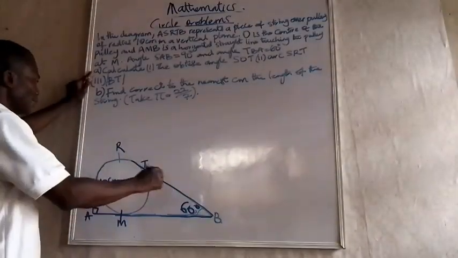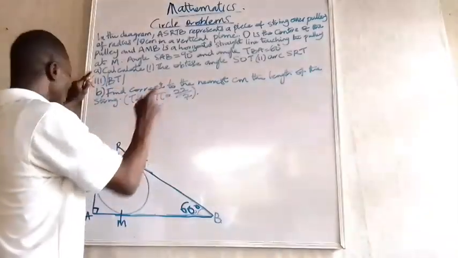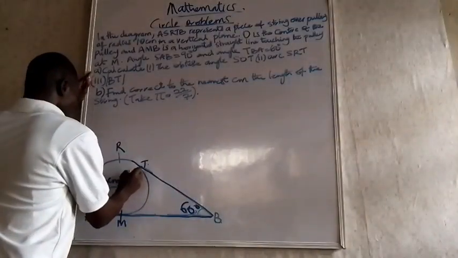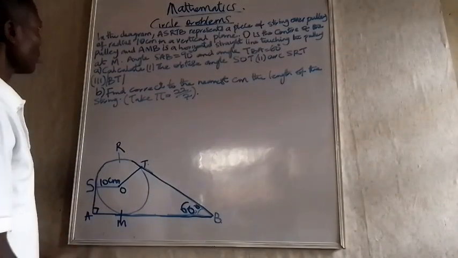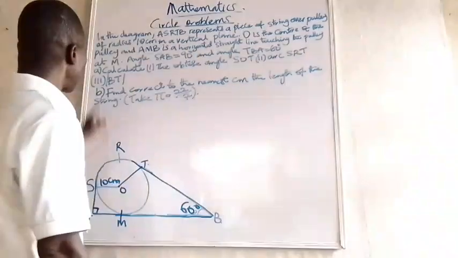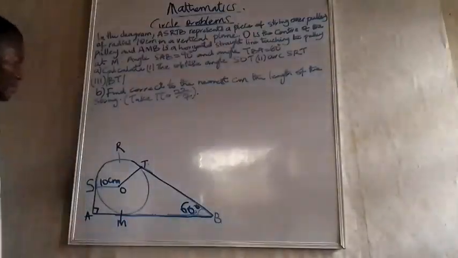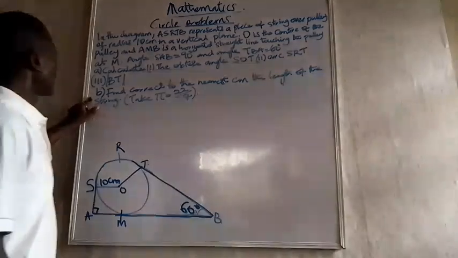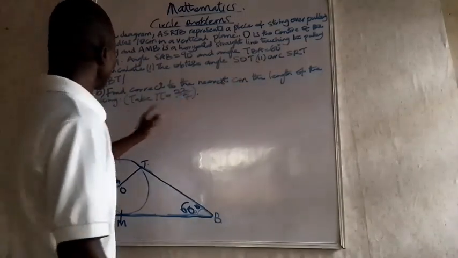A, calculate the obtuse angle SOT, arc SRT, and BT. B, find, correct to the nearest centimeter, the length of the string.